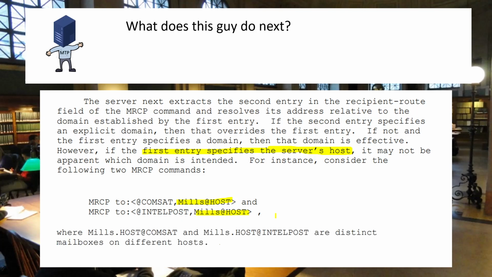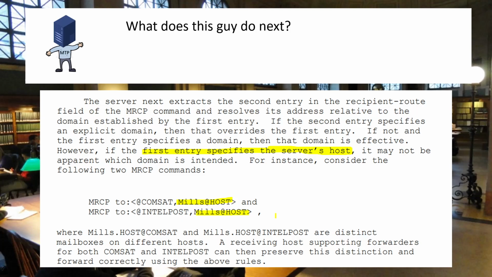And mils.host at comsat and mils.host at Intel Post are distinct mailboxes, and they're on different hosts. So this example is supposed to demonstrate that it may not be apparent which domain is intended. Now a receiving host or a recipient supporting forwarders for both ComSat and Intel Post can then preserve this distinction and forward correctly using the above rules.